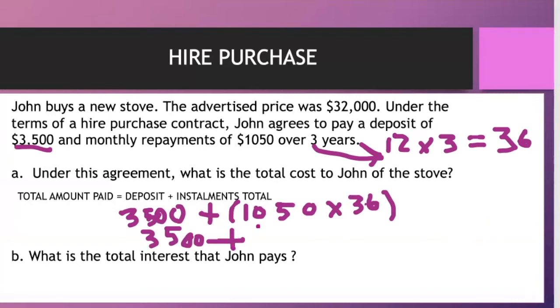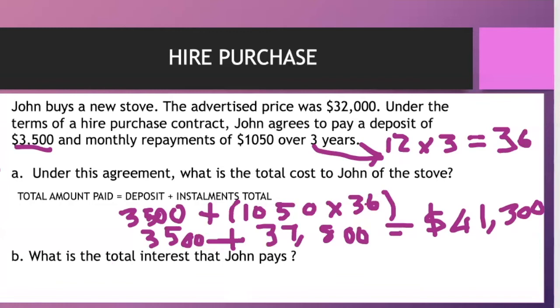So right here, I will have 37,800 plus 3,500. This is the total amount I will be paying this vendor for my new stove. It's $41,300.